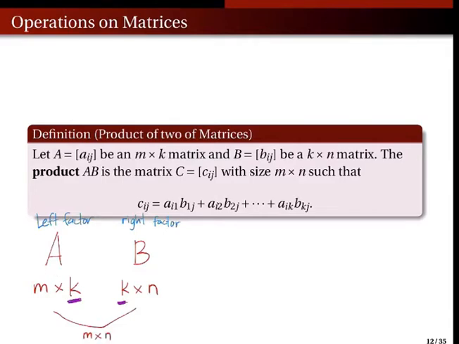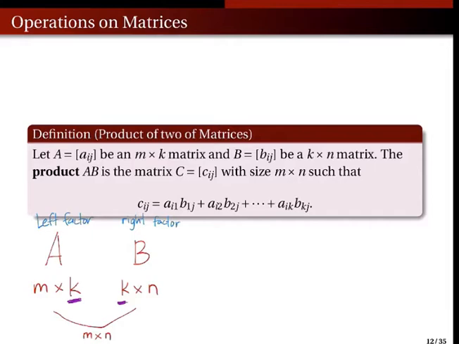Okay? So, size of A, it's M by K: M rows, K columns. Size of B, it's K by N: K rows, N columns. You multiply them, you will have a new matrix of size M by N: M rows and N columns. Okay?